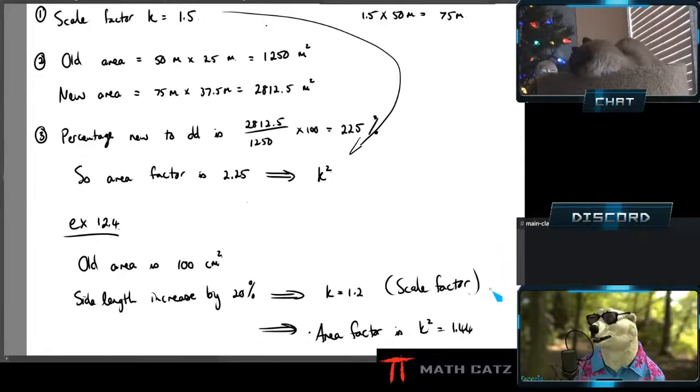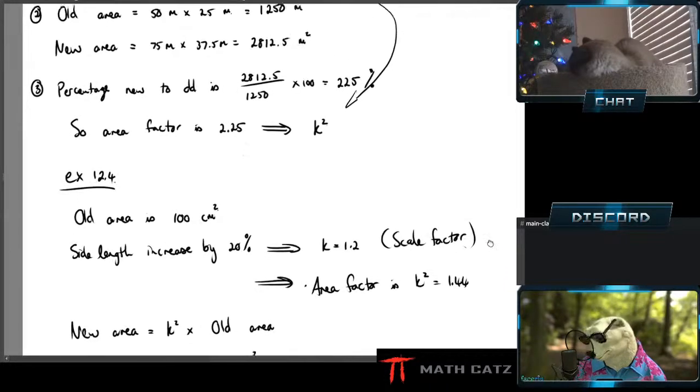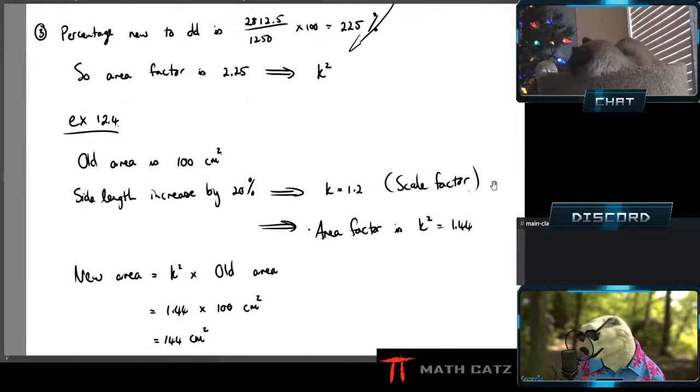Now I just have to interpret that. So I can say, first thing maybe, the new area is k squared times the old area. Because I'm talking about area, the factor that I use is k squared, which is 1.44, which I apply to the old area, and I get the new area will be 144 square centimeters.